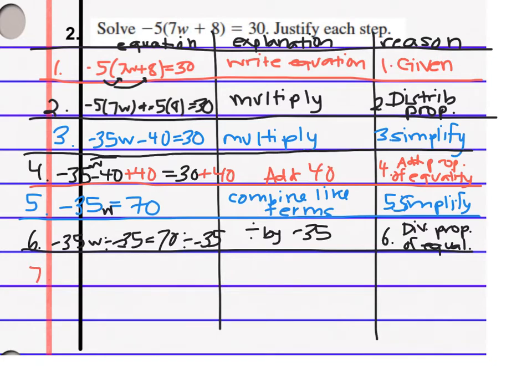We're going to have w equals -2. What did we do? We divided and we simplified. So again, just walking you through the algebraic reasoning and proof behind each of these, okay?